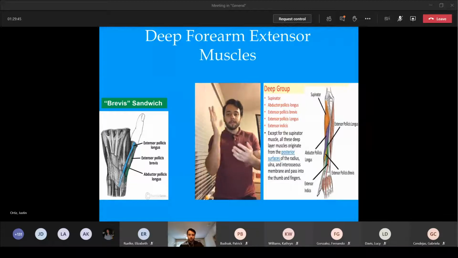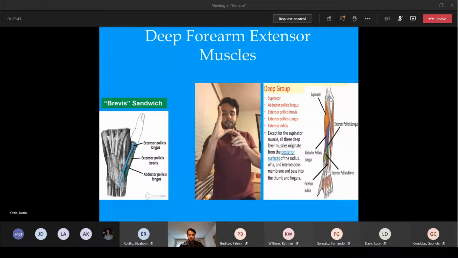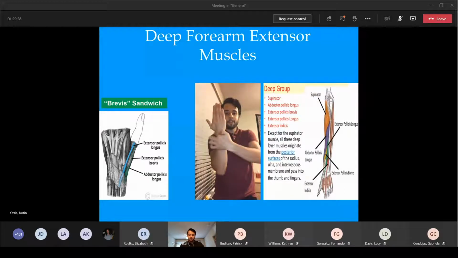This is abduction of the thumb, bringing it away from the plane of the palm. If you make a C, for example, that's abduction of your thumb. That'll be the first one of your anatomical snuff box, the one that's the most lateral.